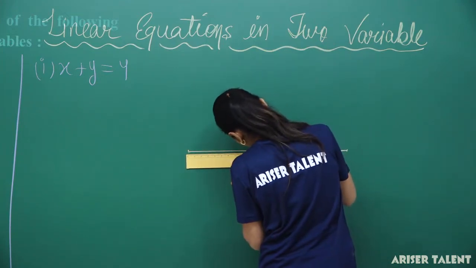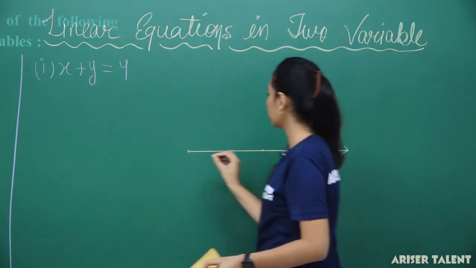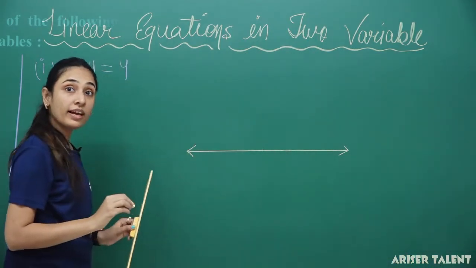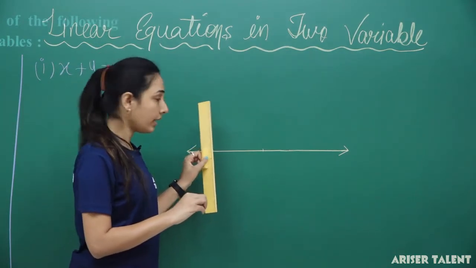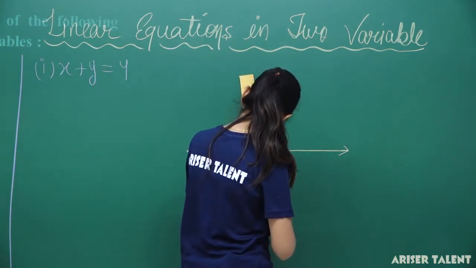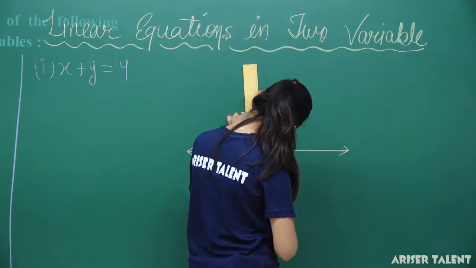So I'm marking the mid of it. So this is the mid of which axis? X axis. If this is the mid of the x axis, I'll draw a perpendicular to this line. Okay. So here's the perpendicular to this line.